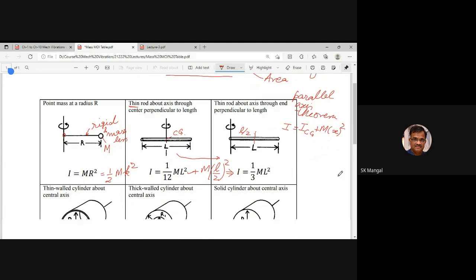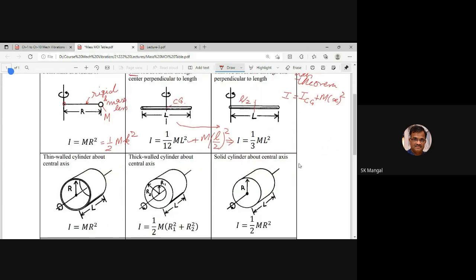Okay. Now you are having a thin wall cylinder. It can be a cylinder or it can be a disc. So here, if we are having a disc, then L will be very small. If it is a cylinder, it is basically quite a large value. So in this case, you are having m r square, where m is the mass of the cylinder or disc.